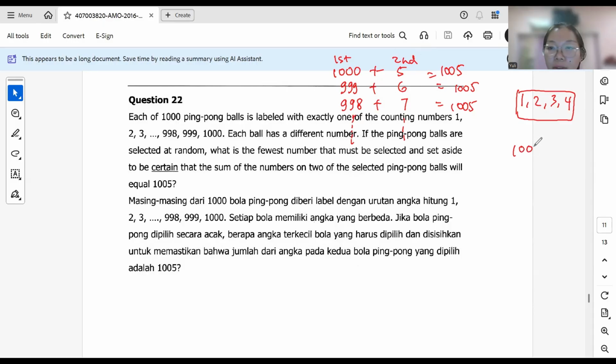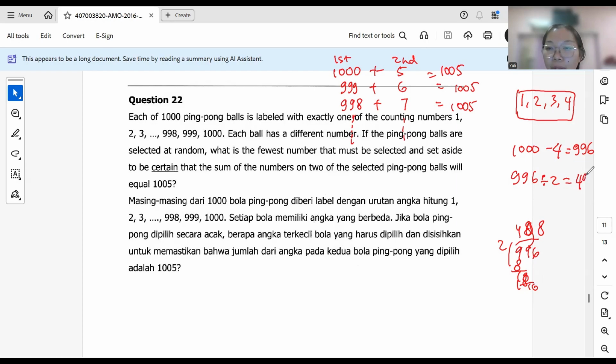Because there are 1000, and then we minus these 4 balls, and then you will get 996 divided by 2, 498.